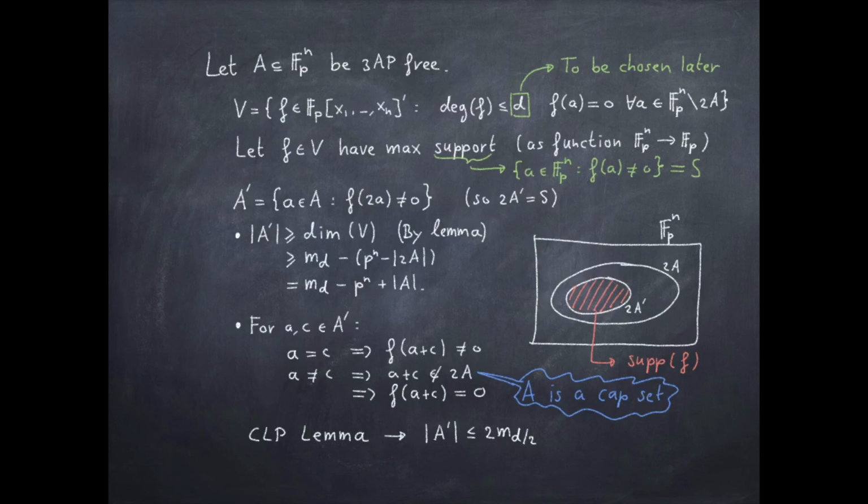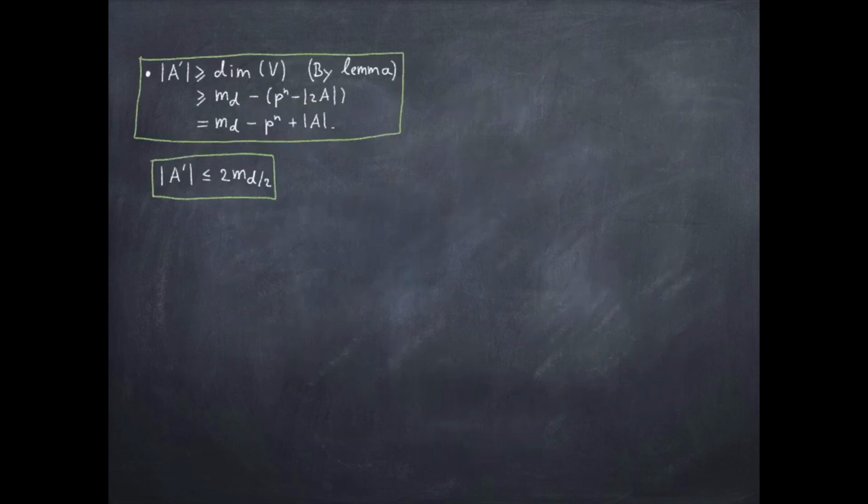Since f had degree at most d, it now follows from the Croot-Lev-Pach lemma that the size of A' is at most 2 times m_{d/2}. Combining the two inequalities for A', we get an upper bound on the size of A. A is at most 2 times m_{d/2} minus m_d plus p^n.